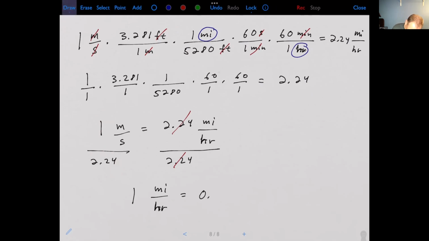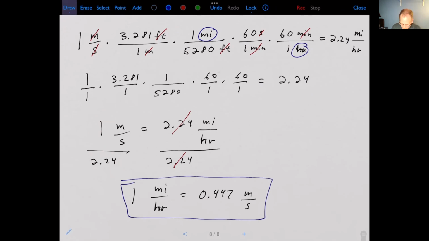So this is equal to 0.447 meters per second. Okay, so we have it both ways now. 1 mile per hour is 0.447 meters per second, or the other way, we knew that 1 meter per second was 2.24 miles per hour.